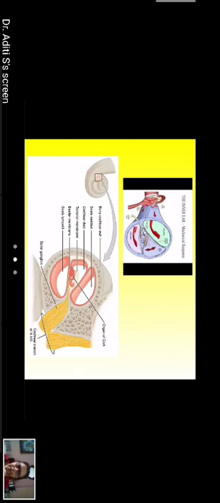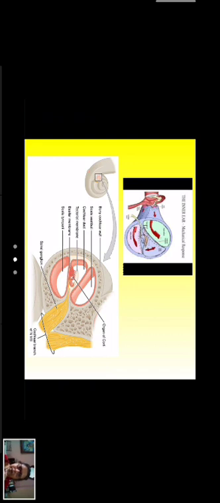One is the basilar membrane. This lower membrane is the basilar membrane, and this is the vestibular membrane. So the vestibular membrane and the basilar membrane come from the modiolus, the spiral lamina, from the end of the spiral lamina up to the external wall of the cochlea, and it divides it into three parts, or three compartments.